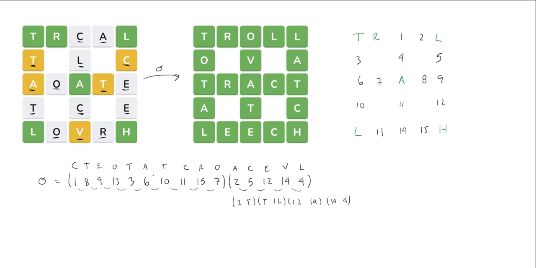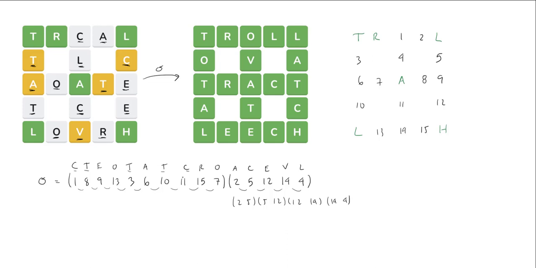However, in this first cycle, this 10 cycle, there's actually a bunch of repetitions. I have a C that shows up twice, and I have a T that shows up 3 different times.